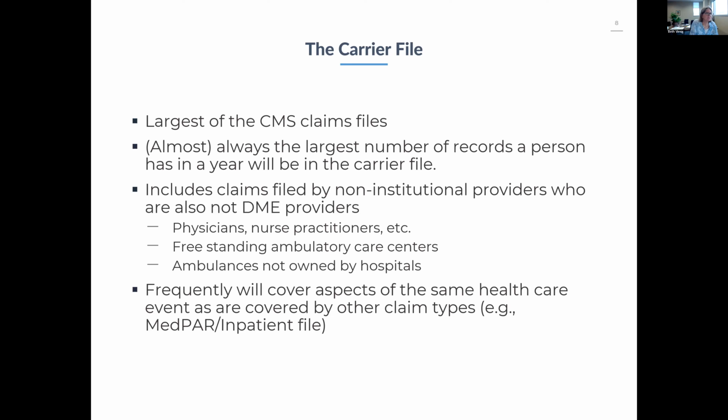They are not a hospital, and not a hospital billing on their behalf. They will be in this file. Freestanding, non-institutionally affiliated ambulatory care centers will be in this file. And ambulances not directly owned by hospitals will be in this file. So it's sort of an odd list, right?